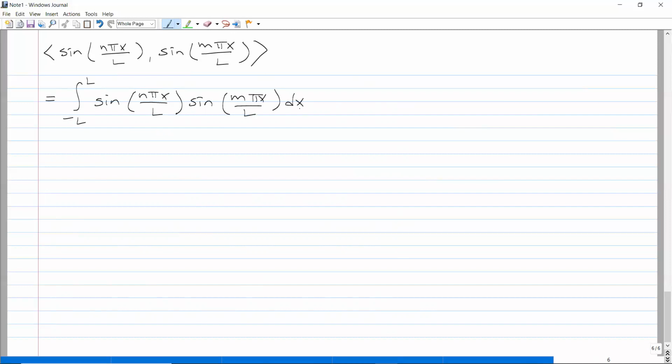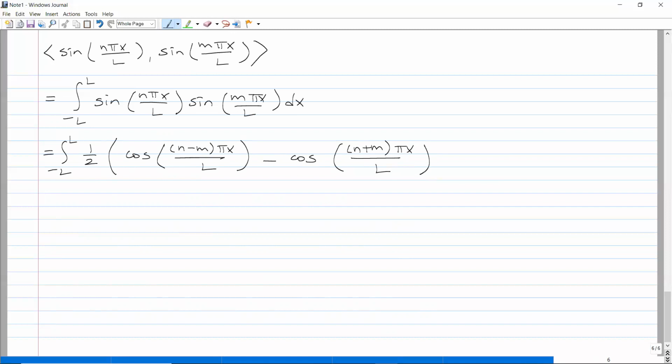So this is like sine A, sine B. And by the trig identities, this is equal to 1/2 cosine of A minus B, so cosine of (n minus m) pi x over L, minus cosine of A plus B, so cosine of (n plus m) pi x over L.